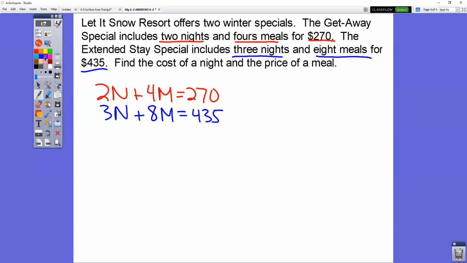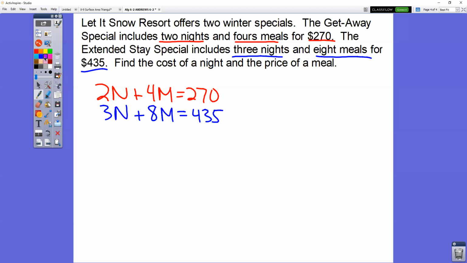I'll give you about 30 more seconds or so. Again, I would make opposites with my m's because 4 goes into 8 evenly.